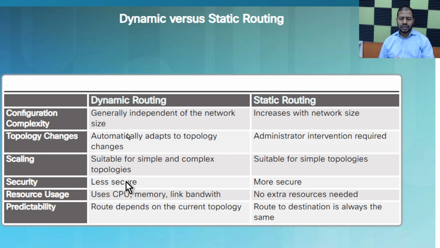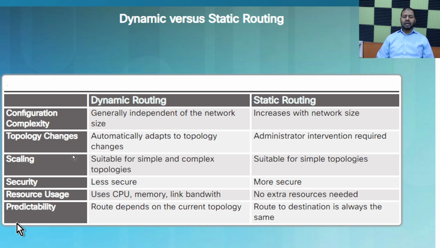Your router is going to start building the routing table, making changes to the routing table with the wrong information. It is less secure. With static routing, since you are manually writing down the static entries, it is more secure.